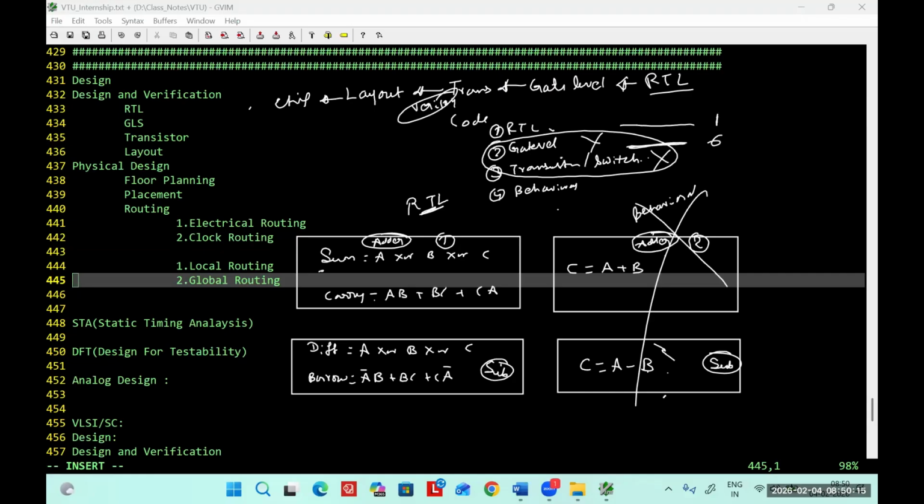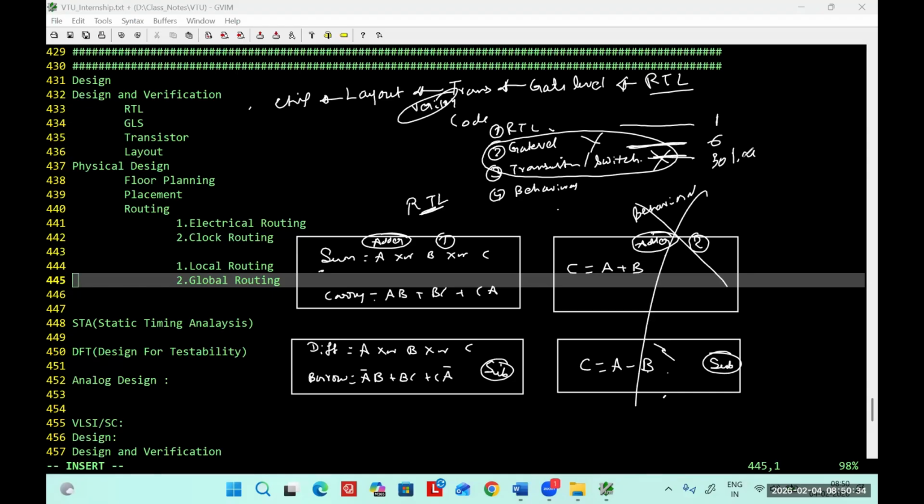The same thing written in transistor level increased to almost 30 lines. So as a user, which code will be better for you? RTL.